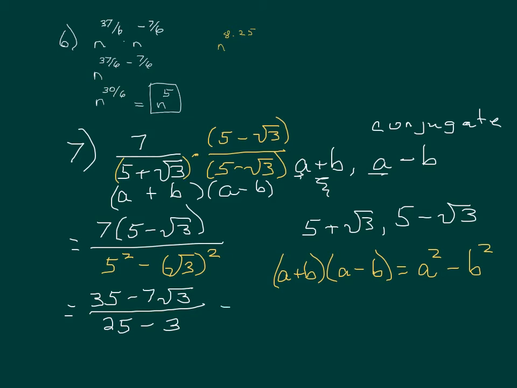So that's going to give us 35 minus 7 square root of 3 over 22. Now you have to be careful at this point, because if this has a common factor with this and this, then you need to reduce it by the common factor. But in this case it does not, so this is the answer.